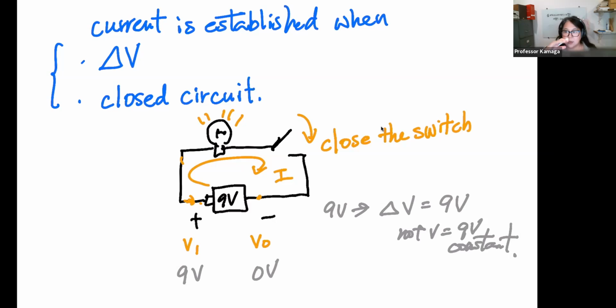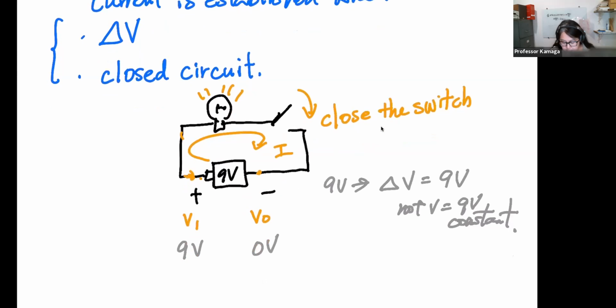So this battery is bringing charges from low potential to high potential, like an elevator or a water pump. As long as the change in voltage is 9 volts, it doesn't matter. This could have been 10 volts, then this would be 19 volts, stuff like that.